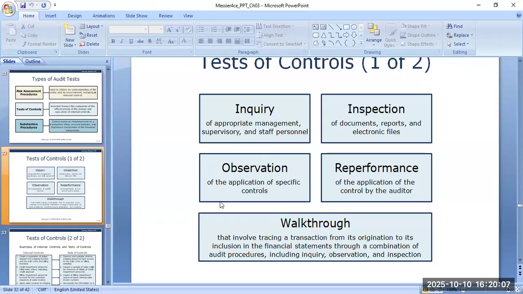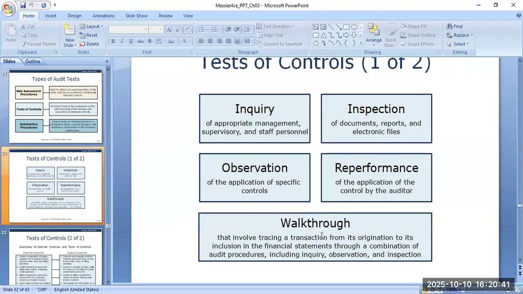Observation, we're going to specifically observe the application of the specific control. Inspection will be that we inspect the documents, reports, and electronic files if there are any. Reperformance will be the application of the control by the auditor, and walkthrough will involve tracing the transaction from the original all the way to the inclusion in the financial statements.